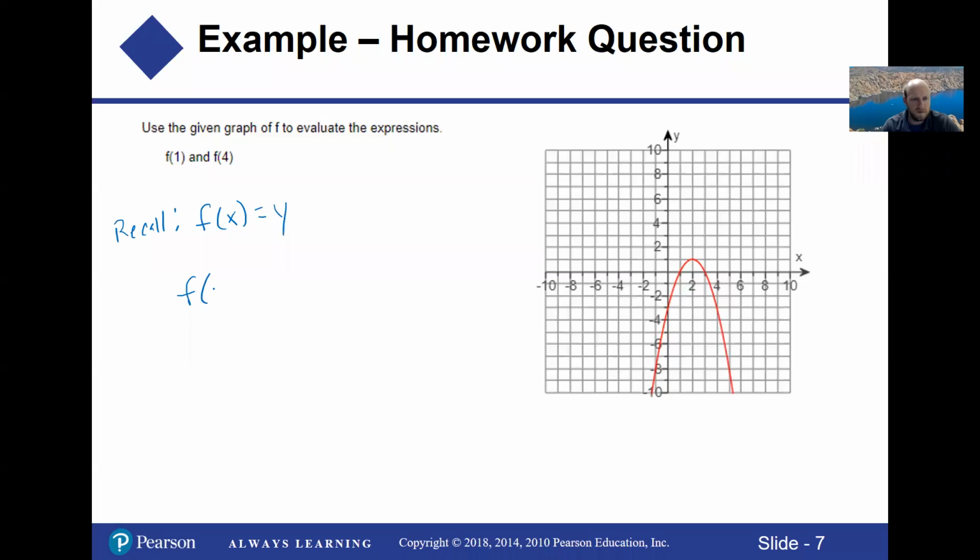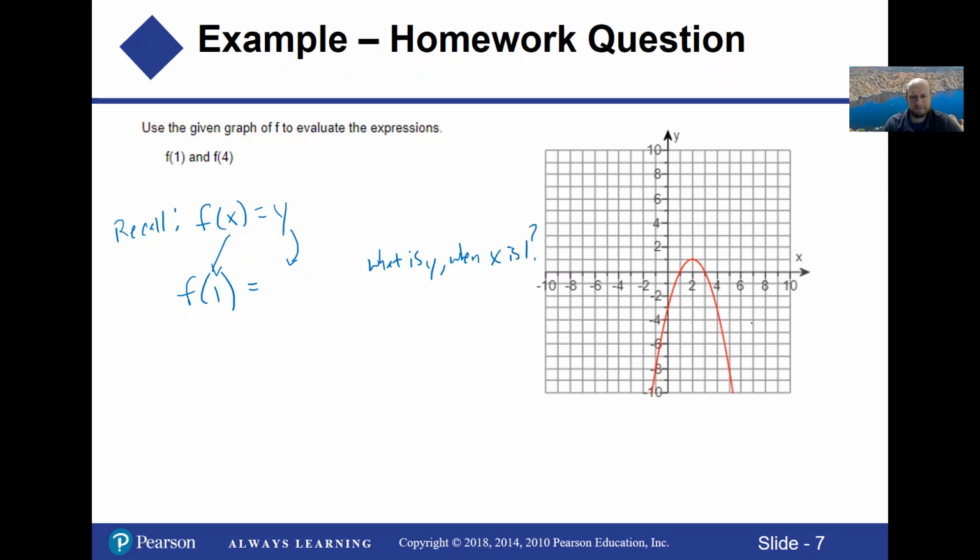If I have f of 1 and I'm trying to find what that evaluates to, that is the x point here. 1 is the x point, and I want to know what y is when x is 1. So basically this means what is y when x is 1?